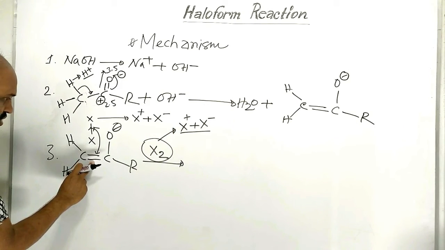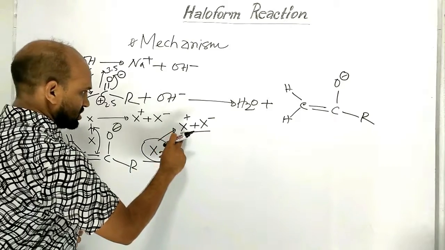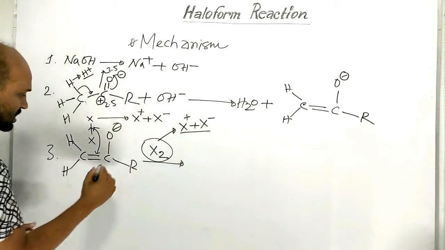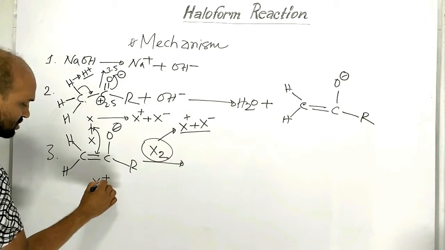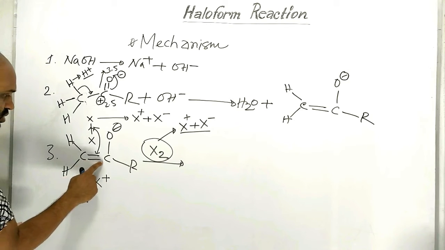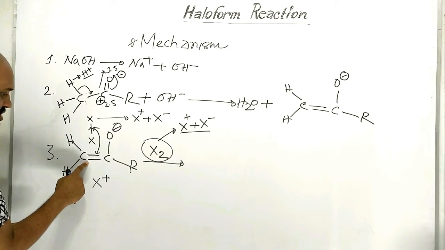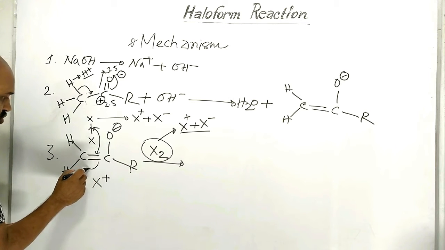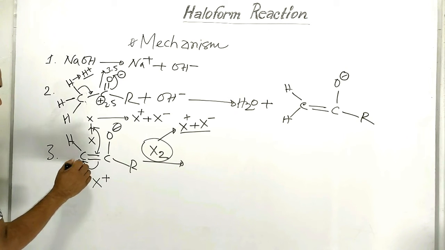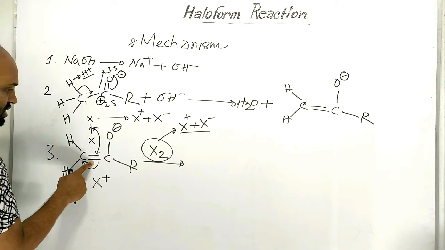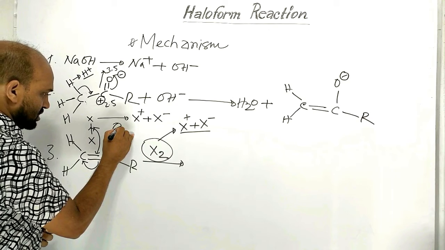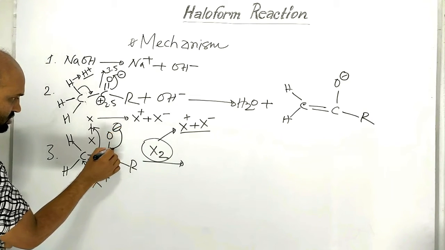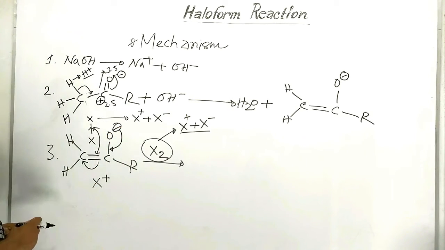As carbon-carbon double bond is an electronically dense place, that is why this halogen cation approaches this carbon-carbon double bond. At one stage, this halogen combines with this carbon with the pi bonded electrons, and at that time these electrons turn into covalent bond again.